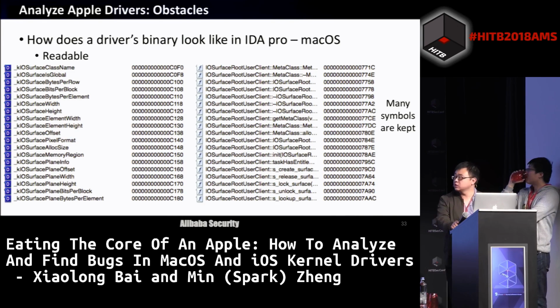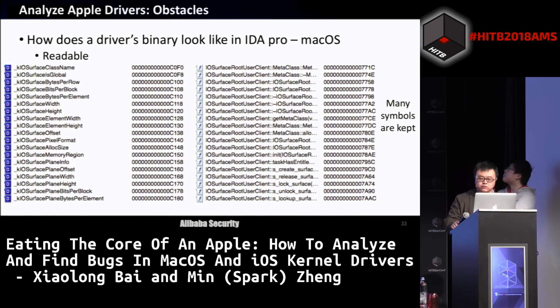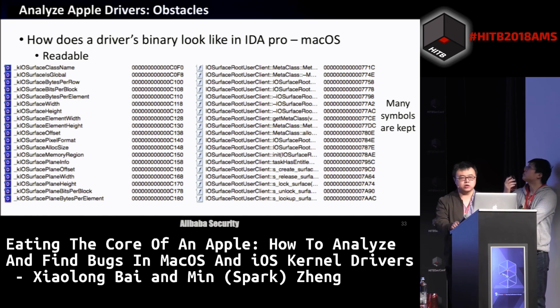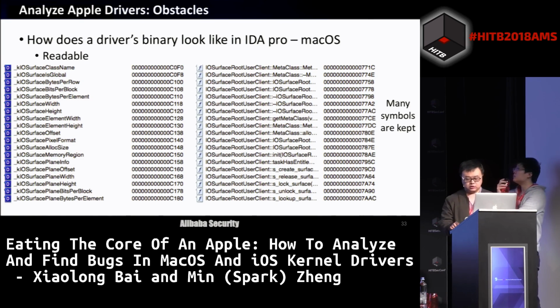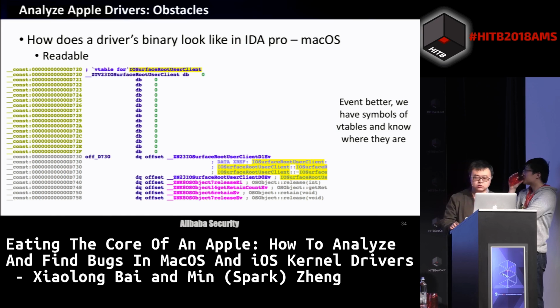So let's first look at macOS drivers. From these 2 pictures, we can see that macOS kernel drivers have some symbols, including symbols for global variables on the left hand and for functions on the right hand. And also, we can find symbols for vtables in macOS kernel drivers like this.